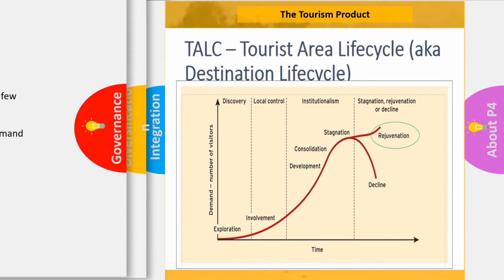We think about the life cycle of a destination. Again, we've got the life cycle a bit much like the product life cycle, where you have the introduction, growth, maturity, and then decline or extension.